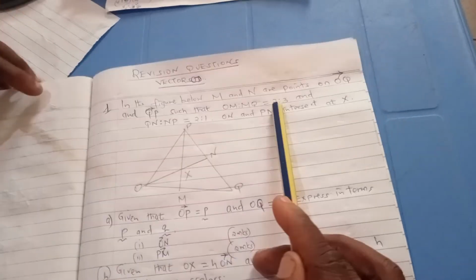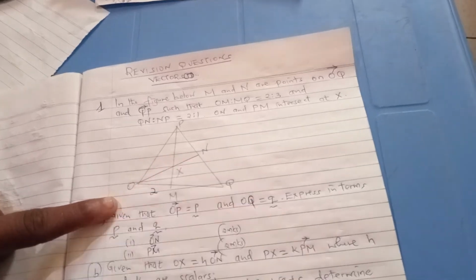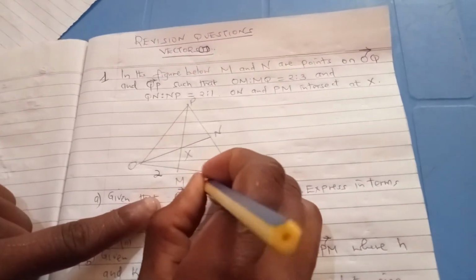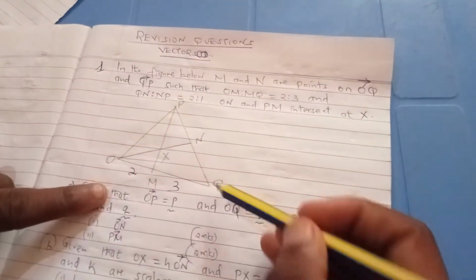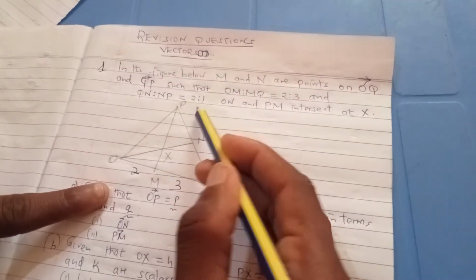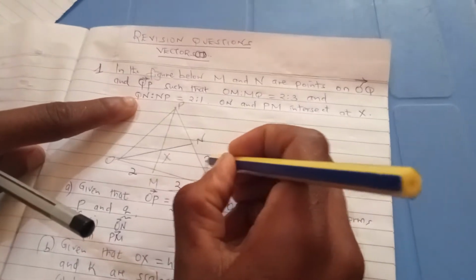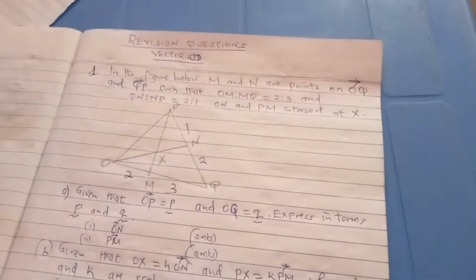So this one we've been indicated, meaning that the number of points between O and M are 2, and then the number of points between M and Q are 3. And you're told QN is to NP is equal to 2:1. So between Q and N we have 2 points, and then between N and P we have 1 point.